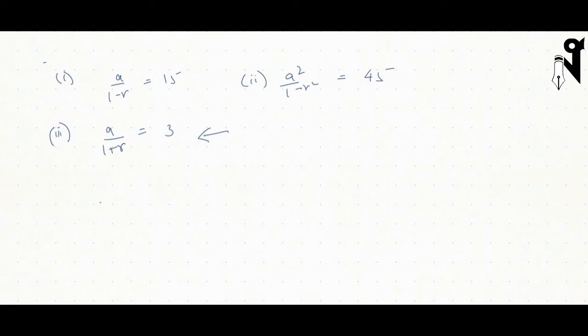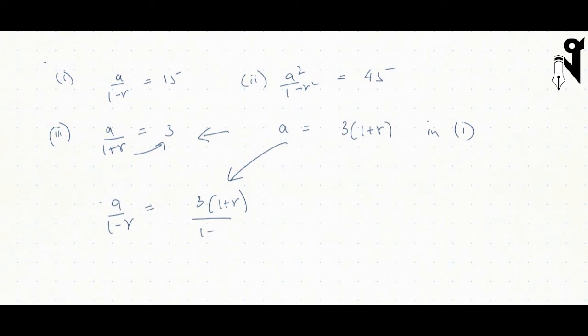So if I take this 1 plus r to the other side, I have a is equal to 3 times 1 plus r, and I'm going to substitute this in 1. So substituting in 1, a by 1 minus r now becomes 3 times 1 plus r by 1 minus r, because I'm substituting a as this value, and that is 15.